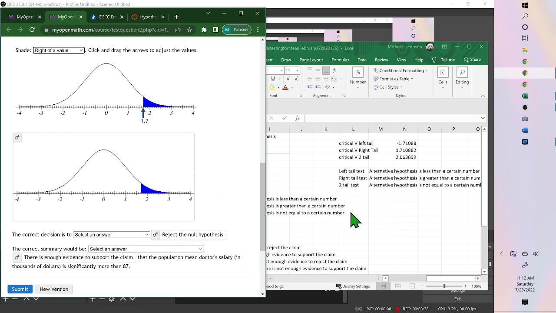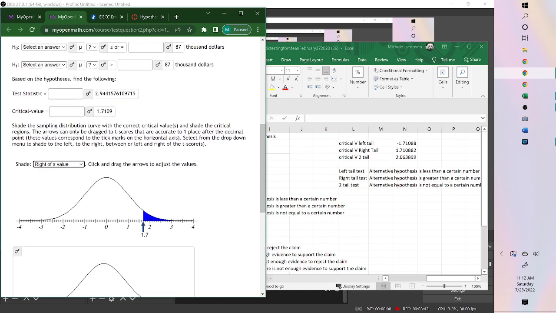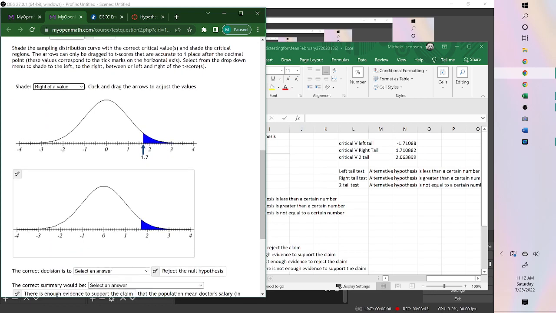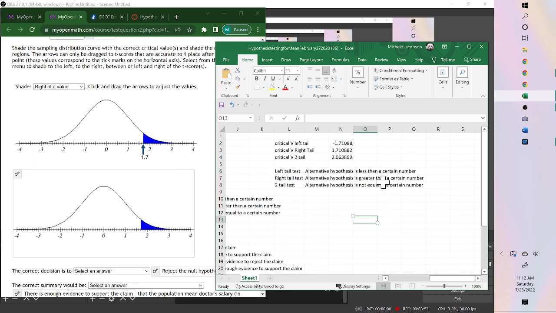We reject the null hypothesis. It'll tell you right here. Since we're using the critical value, alternative hypothesis is greater than a certain number for the right tail.